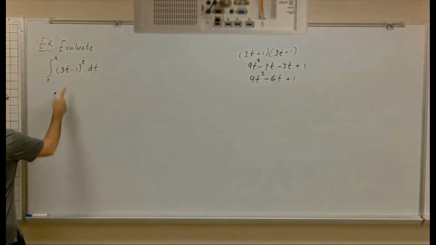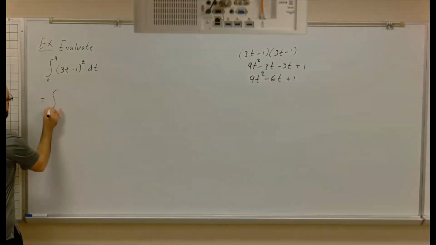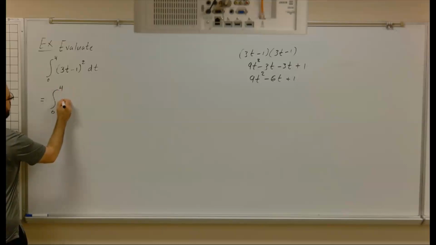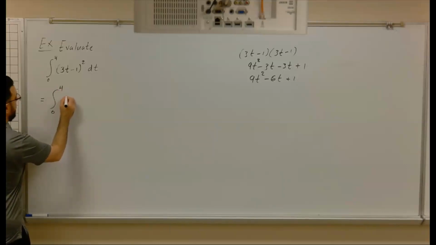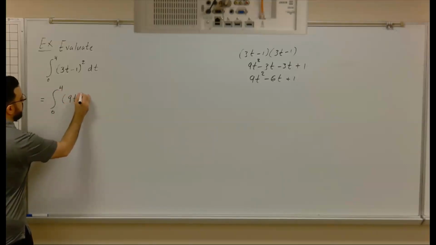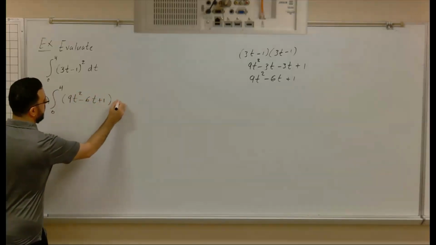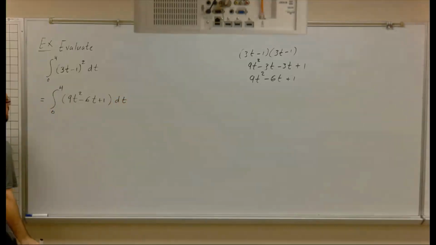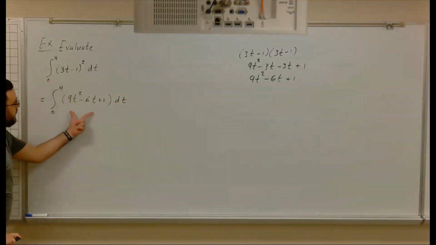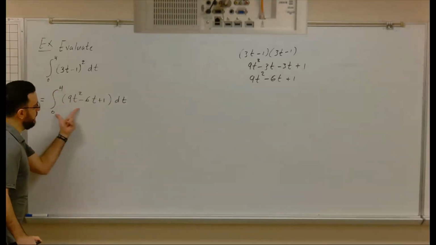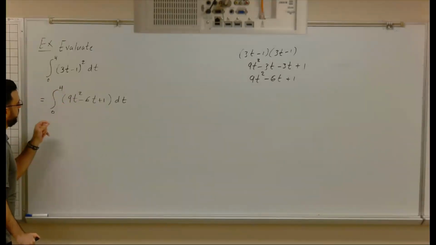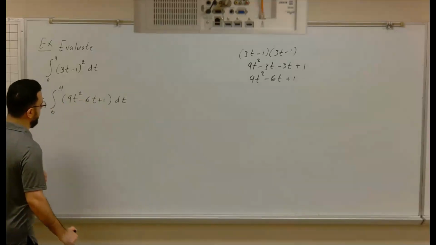So this is exactly the same as the integral from 0 to 4 of 9t squared minus 6t plus 1 dt. So you see, our first goal is to simplify this one, and then find the integral of 9t squared minus 6t plus 1.